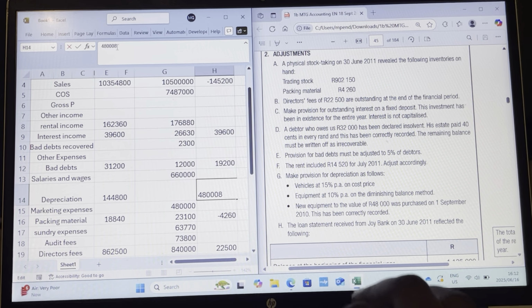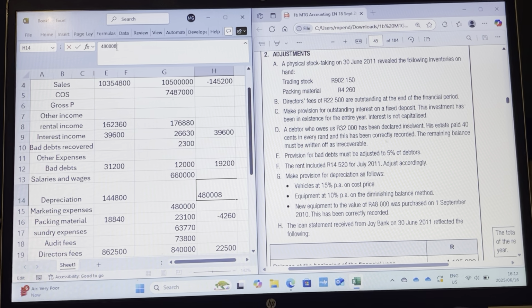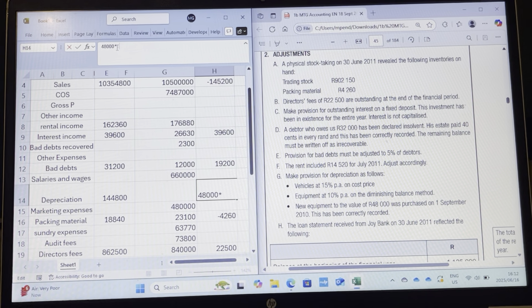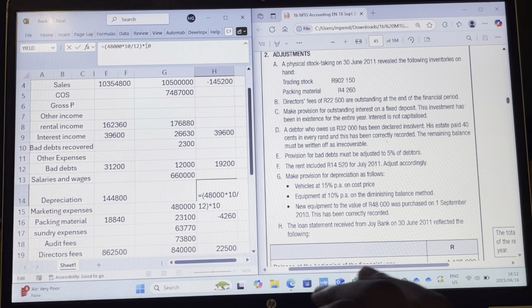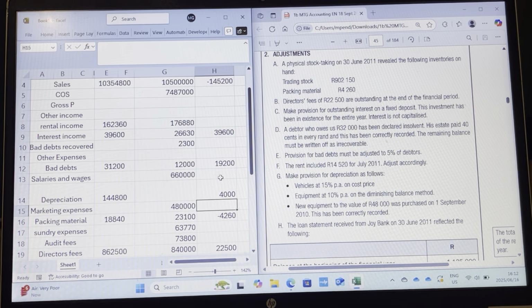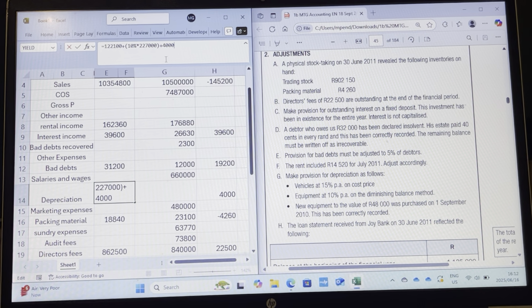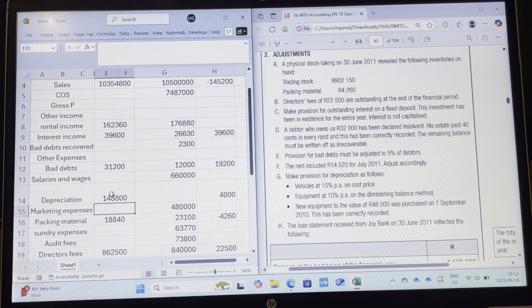So we can only depreciate that 48,000 for 10 out of 12 months. Here's the formula, and I'm going to put my equal sign. But that's not all, I need my 10% for the depreciation, so multiply that all by 10%. That gives me 4,000. So up here, I still need to add 4,000. That gives me 148,800.